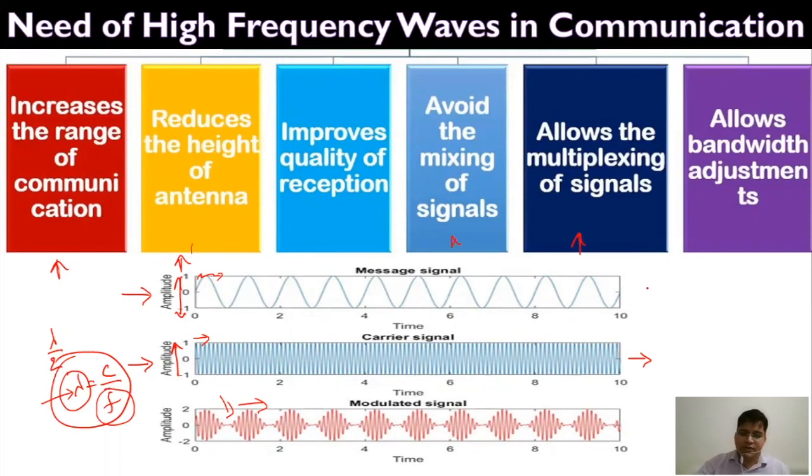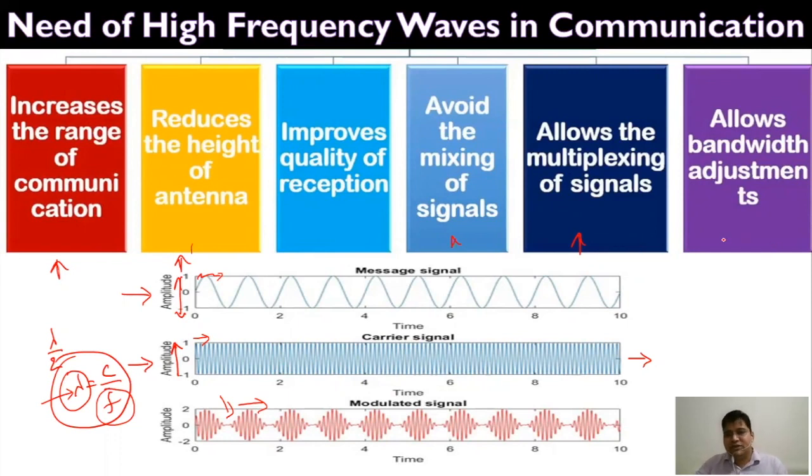Otherwise, in the previous scenario we were only able to send the AM signals. We were using the radios, and in the later stages, with the advancement of technology, we were able to use the TV. That was possible due to the high frequency signals only, and because we were able to use the multiplexing of the signals.